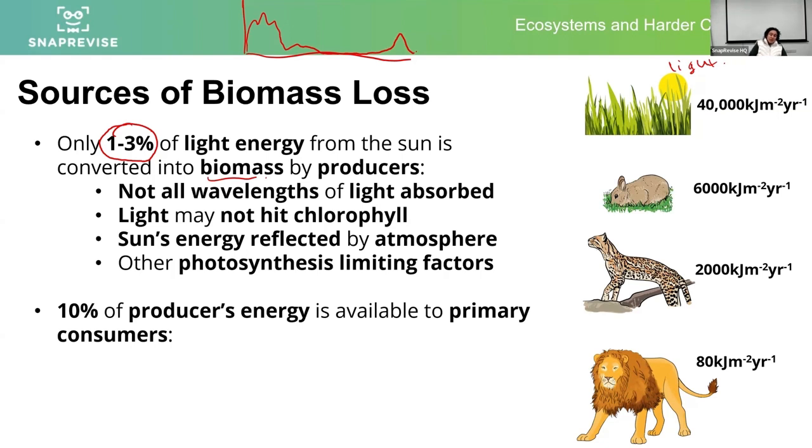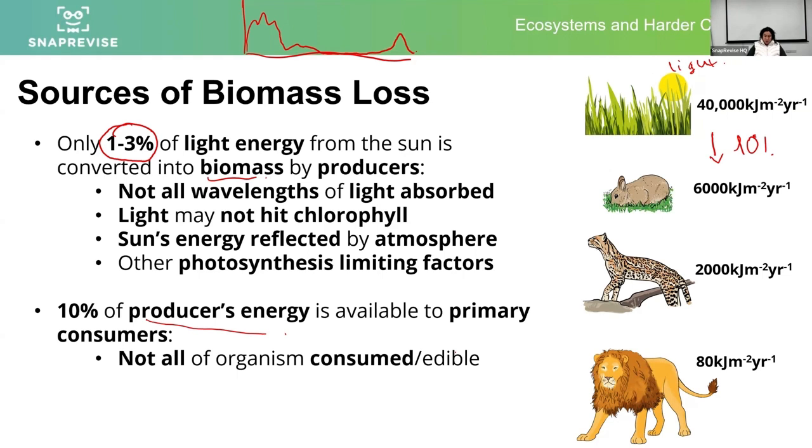About 10% of the producer's energy is available to primary consumers. So from here to here, we have a 10% efficiency. What are the reasons for that? Not the entire plant or producer organism is actually edible, right?